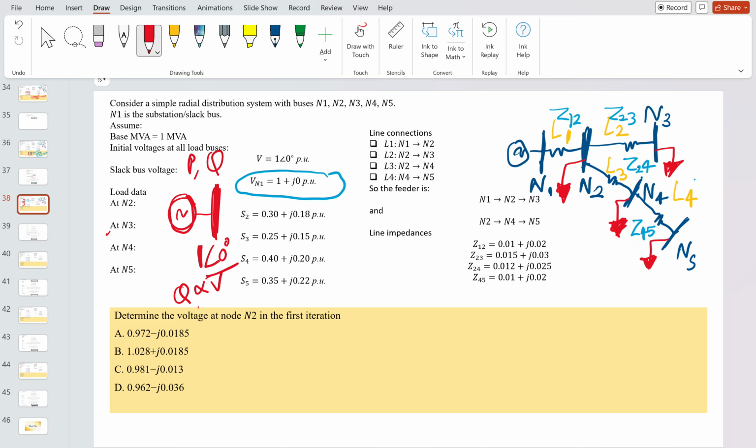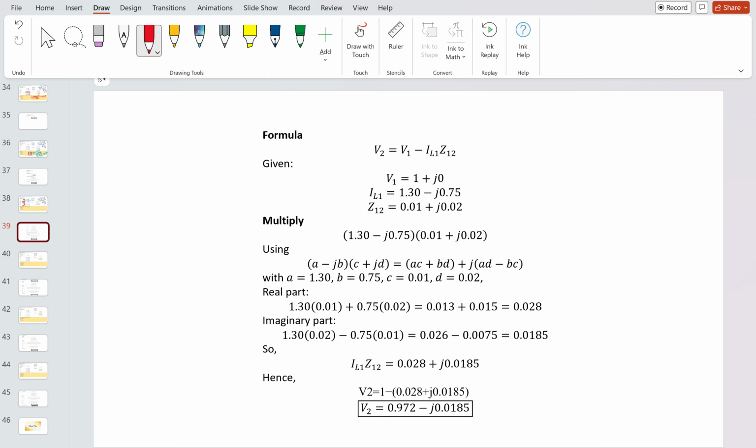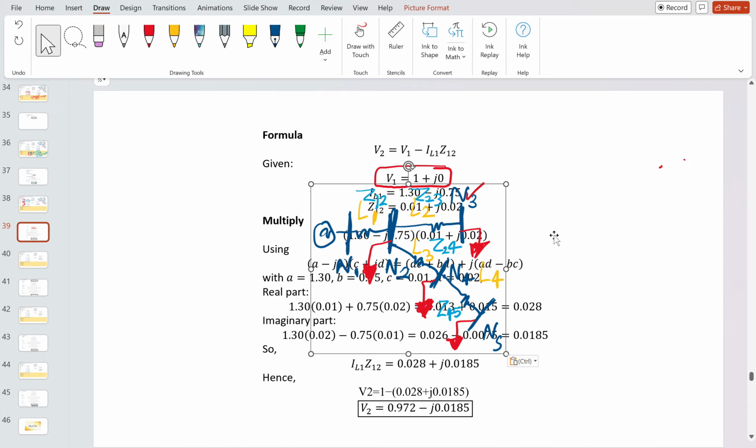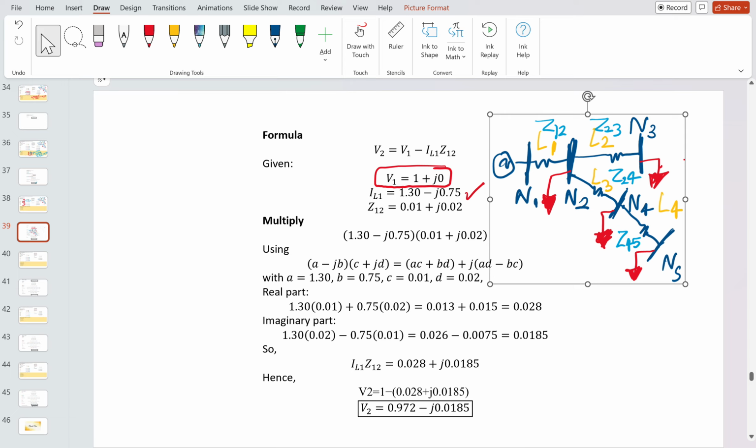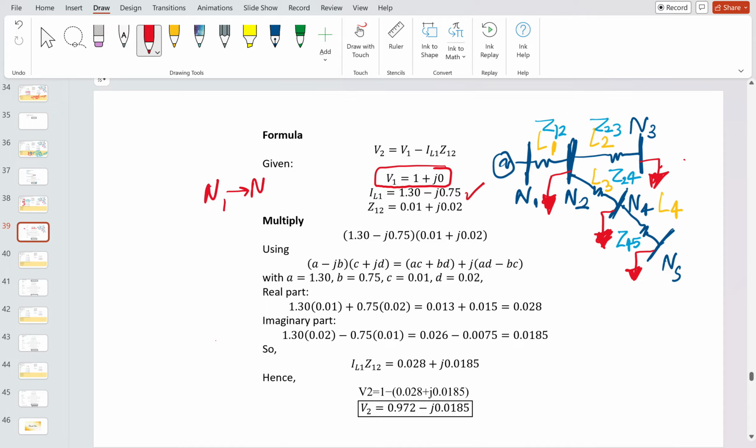Okay, let me give the solution for this. I have already noted it down here. When you see the voltage at node 1, it is simply given as 1 angle 0 degree. We have also computed the current which will flow from N1 to N2, which is equal to IL1.